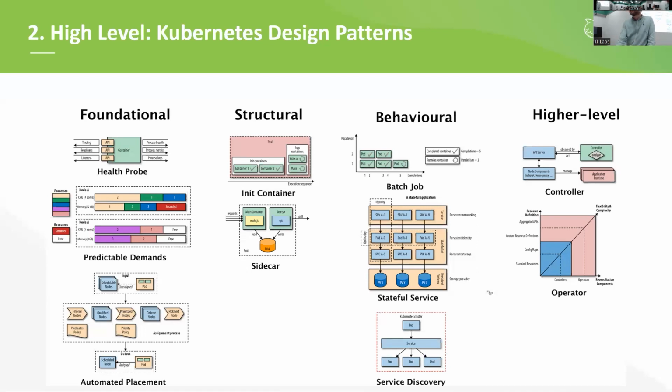Higher level, there are two: controller and operator. Controller is the actual Kubernetes main controller that has all the replica and deployment controllers inside, and it's the heart of Kubernetes. It reconciles the current state to the desired state, as we have discussed. And operator, we have already been through this.